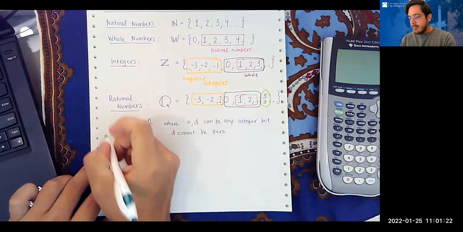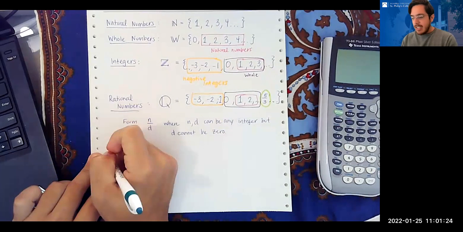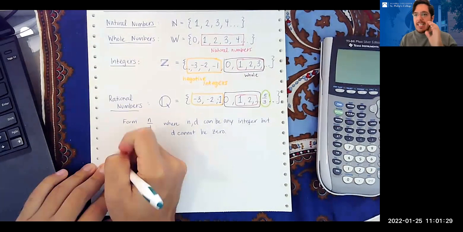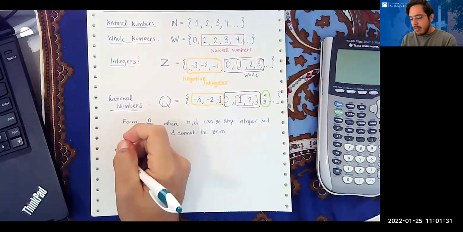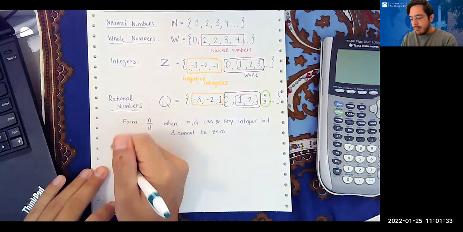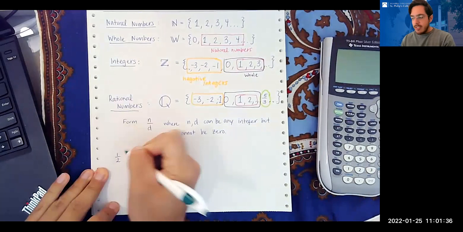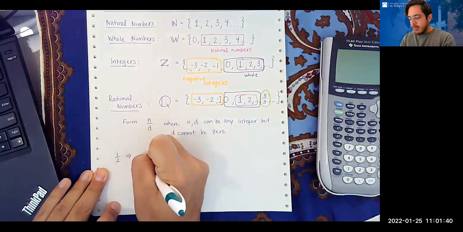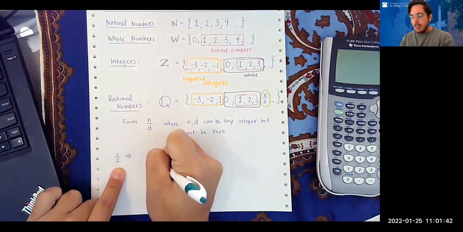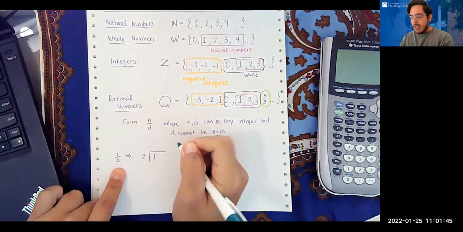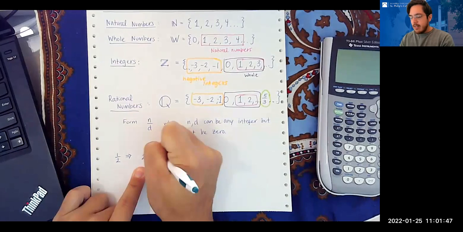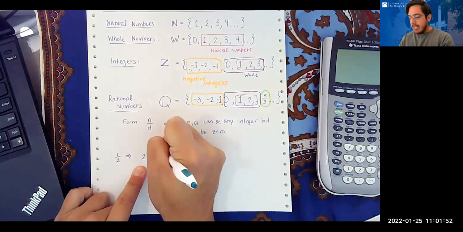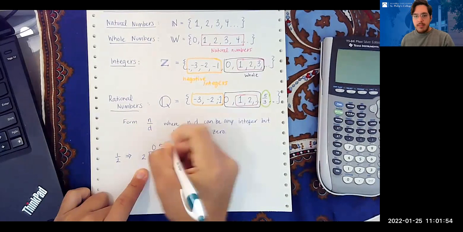Well, before I go on to that, we looked at rational numbers and their decimal representations last time. So we looked at 1/2, and we did long division, 1 divided by 2. We could do the long division, and then we'll find that 2 goes into 10 5 times, so we get 0.5.